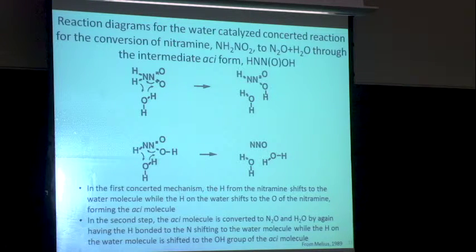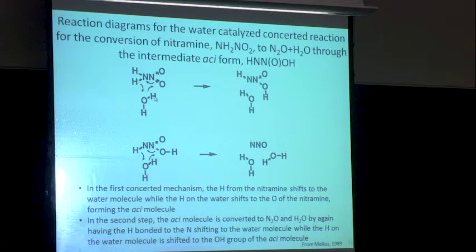And so here's a case where I'm looking at essentially nitramine, NH2NO2, and I want to look at its conversion to make nitrous oxide in water, basically through this acid form of the nitramine. So imagine now I've got a water molecule colliding with the nitramine, and as it comes closer, what I end up doing is start to form what looks like a complex again.